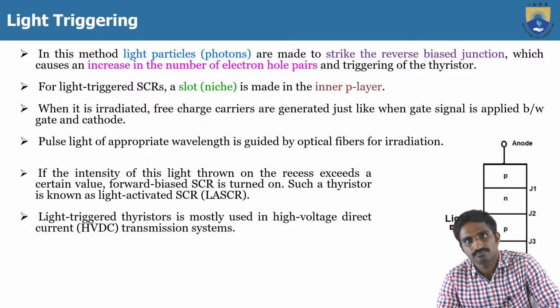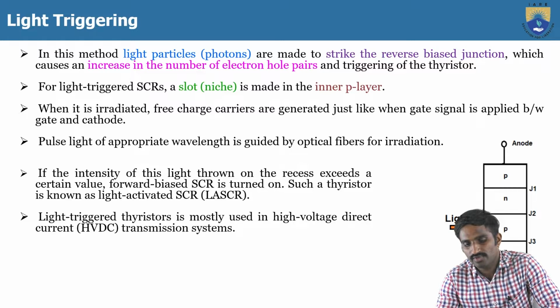So we have kept a slot nearer to junction J2 to induce photons into that particular layer. When photons strike the reverse biased junction, the number of electron hole pairs increases, and because of that, junction J2 may avalanche, so that the thyristor will get triggered, which means the thyristor will get turned on.